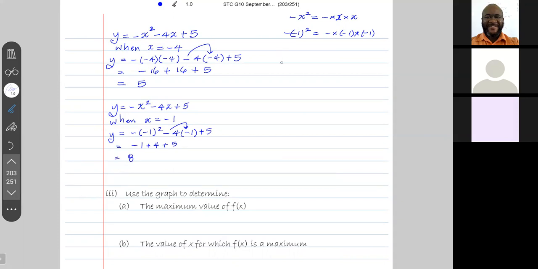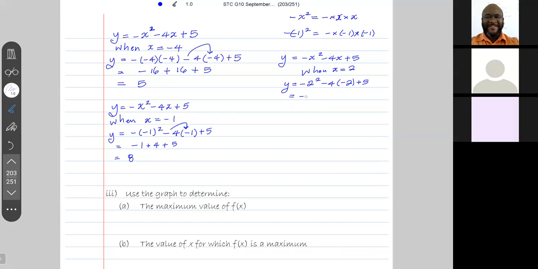Same equation, y is equal to minus x squared minus 4x plus 5. I'm going to say when x is equal to 2, y is equal to minus 2 squared minus 4 times minus 2 plus 5.